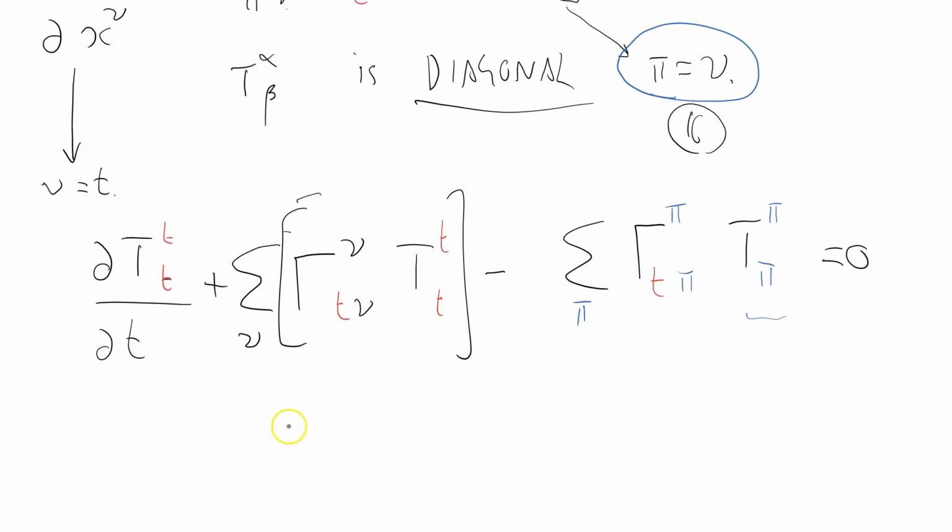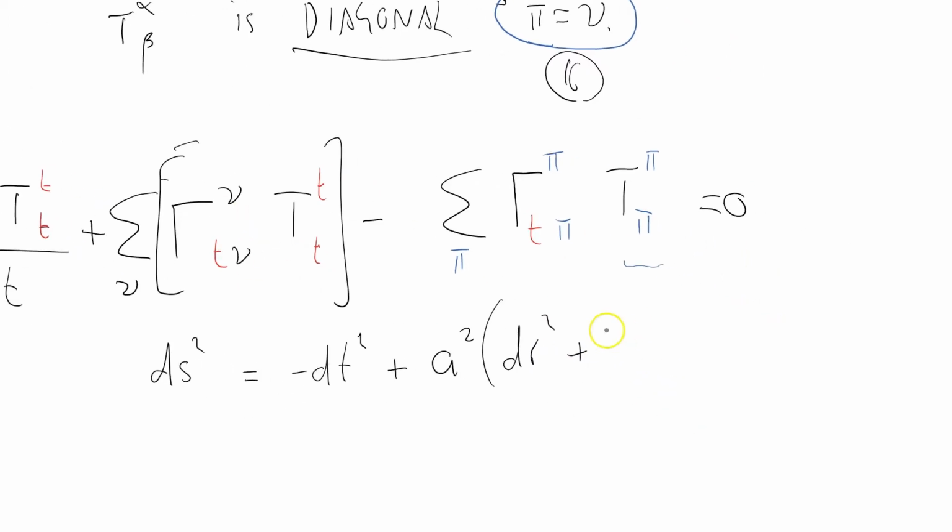And it's always as well to write down the squared line element, dt squared, plus a squared dr squared plus a squared r squared d theta squared plus sine squared theta d phi squared.